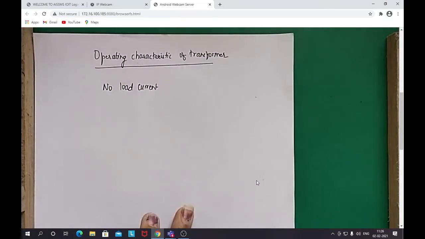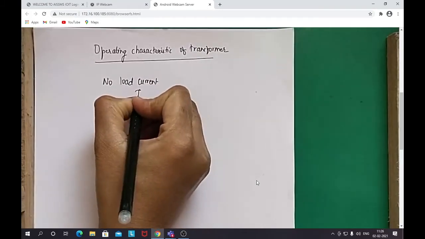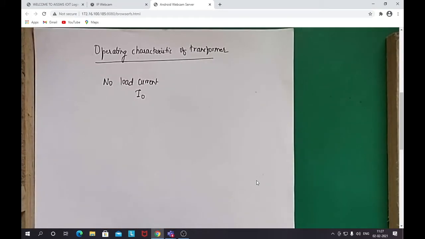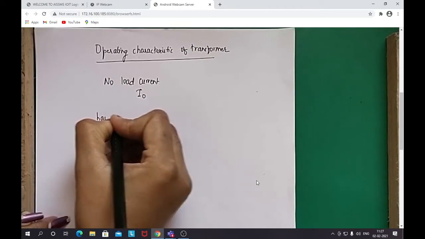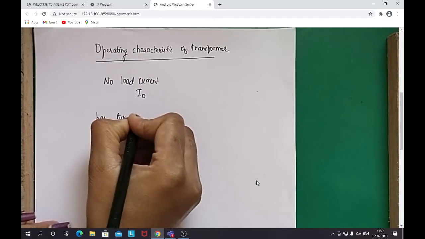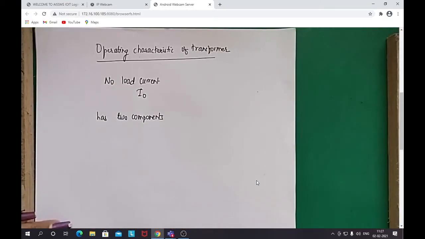The symbol that we use for this is I naught, or I suffix naught. Whenever we talk about the no load current, it has two components.